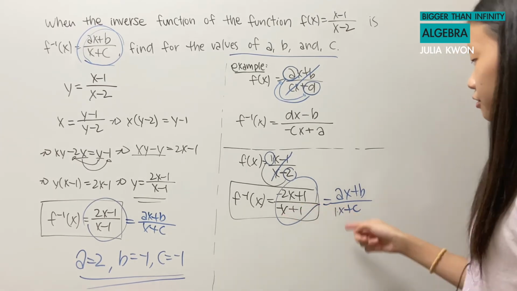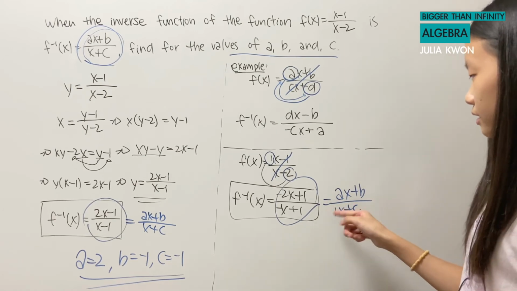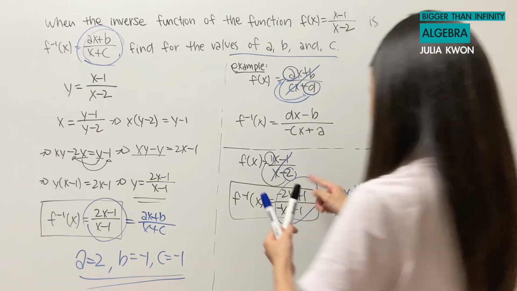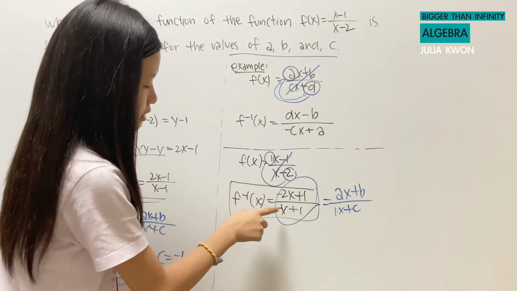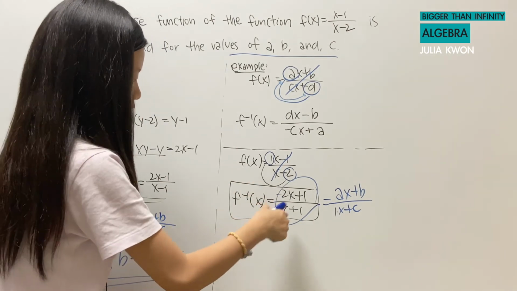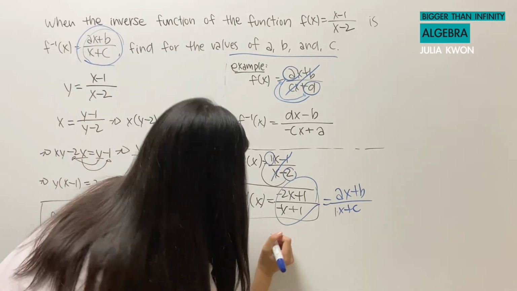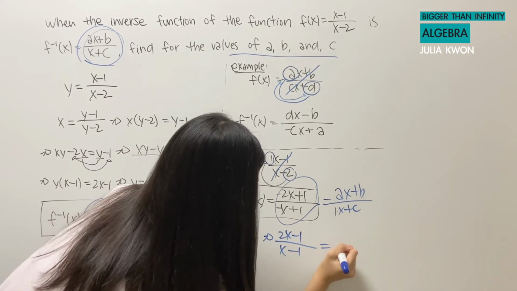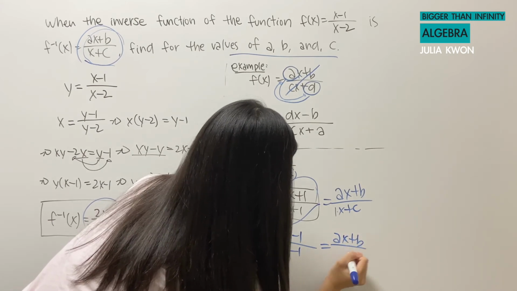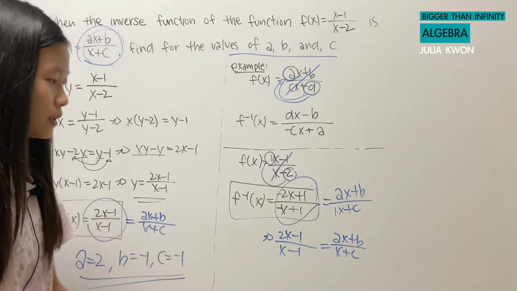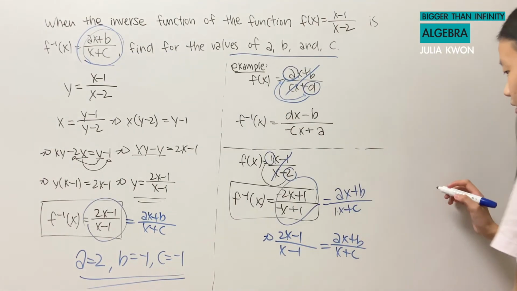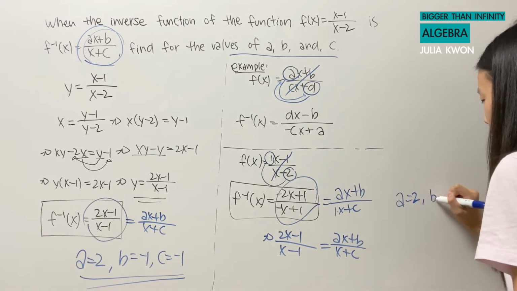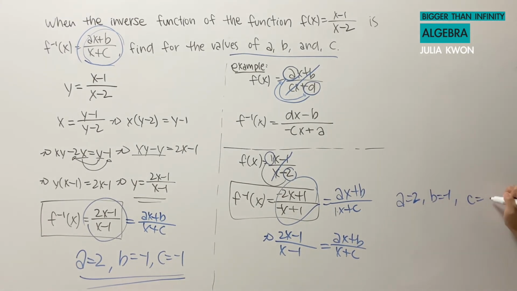Since these are different, we can't just set these equal to each other and say that c is 1, b is 1, and a is -2. We have to multiply -1 on top and bottom of this inverse function, which will get us (2x - 1)/(x - 1) is equal to (ax + b)/(x + c). Now we can solve for a, b, and c. A here is 2, b here is -1, and c is also -1.